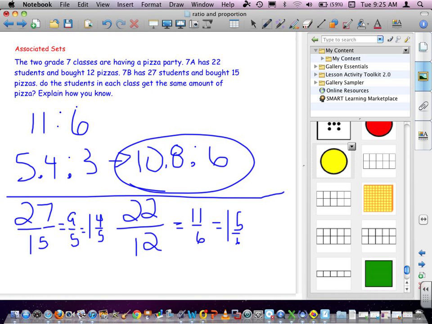So this is definitely 1.8. Okay. What is 5/6 as a decimal? What is 1/6 as a decimal? 5/6 is 23. That's what I had.